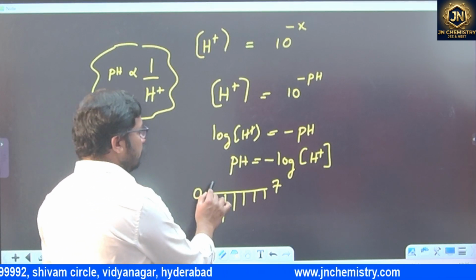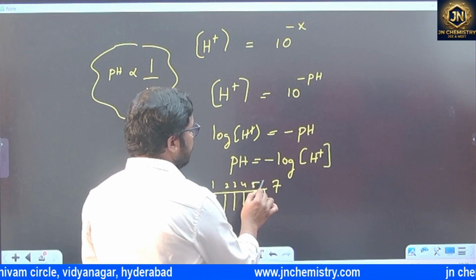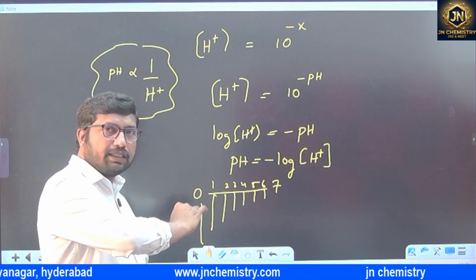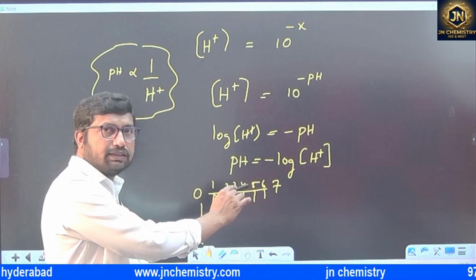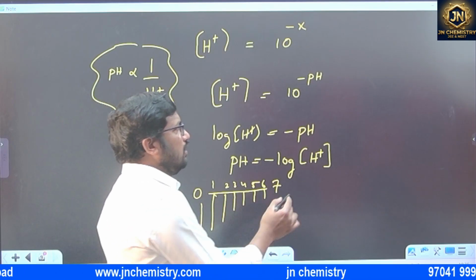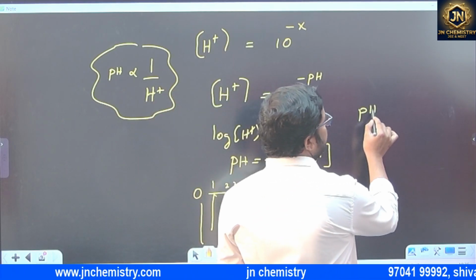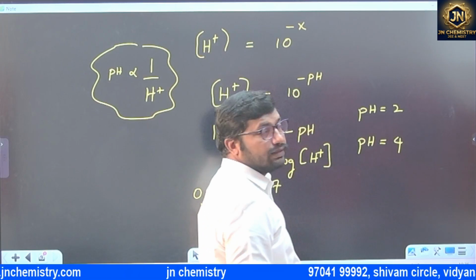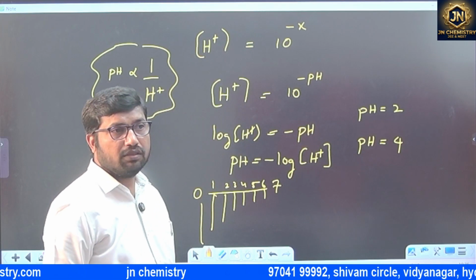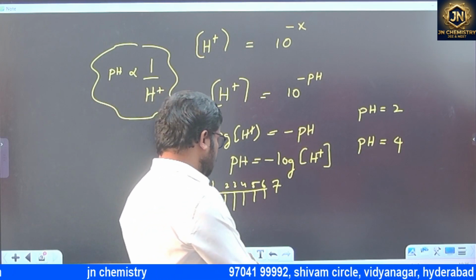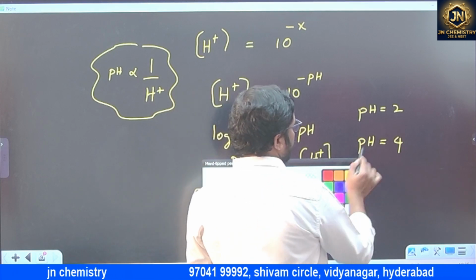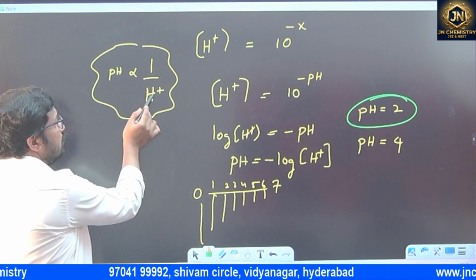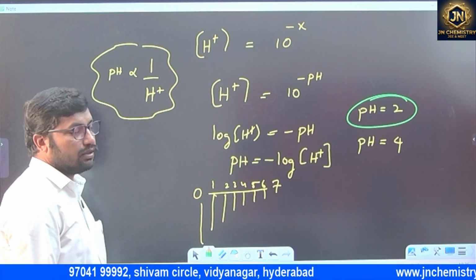For example, 1, 2, 3, 4, 5, 6. If the H plus ion concentration is increased, the pH is lower. For example, two acids are there, one with pH equal to 2 and one with pH equal to 4. Which is the stronger acid? pH equal to 2. This is the stronger acid. So pH is inversely proportional to H plus ion concentration.